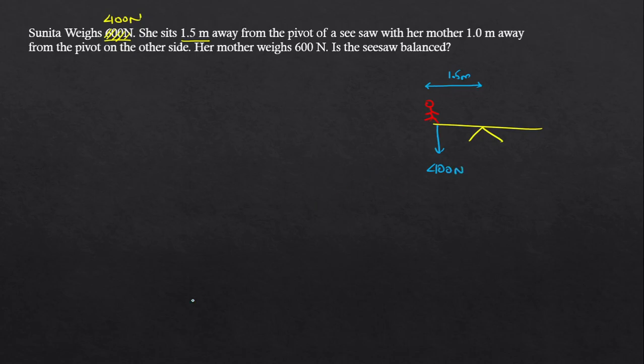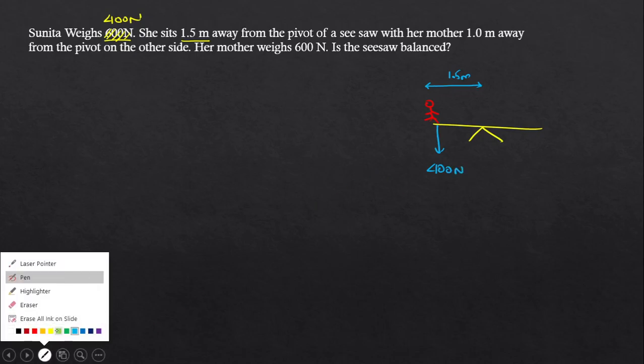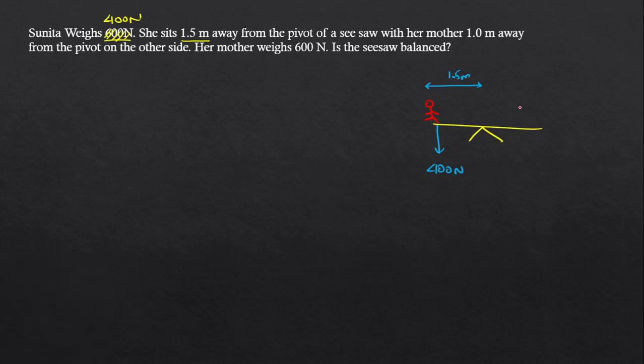Okay. Now her mother sits, let's say, 1 meter away, which is much closer to the pivot. The distance is 1 meter, and her mother weighs 600 newton.